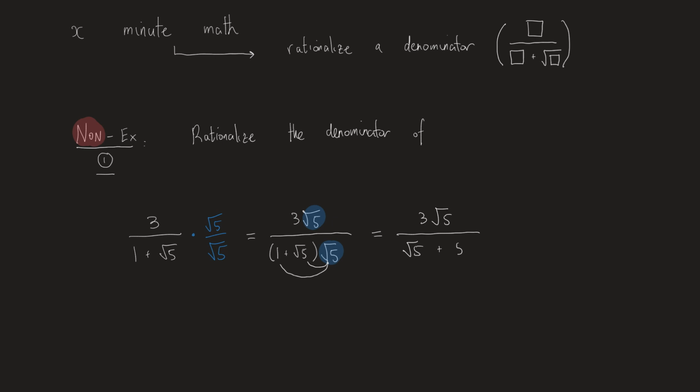That's just 5. And now I'm kind of stuck. I've certainly rewritten my expression. All of these equality signs are true, but unfortunately I haven't managed to rationalize the denominator. I still have this ugly irrational number hanging around. So we're going to have to try something else.